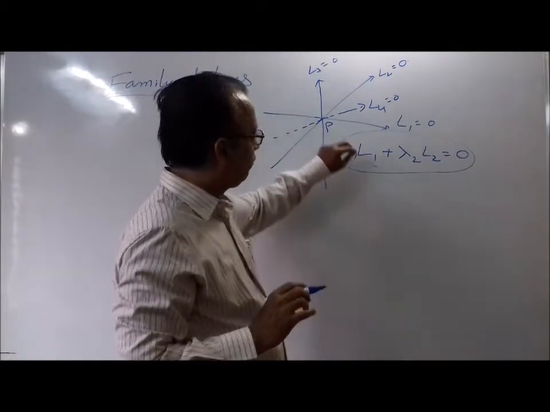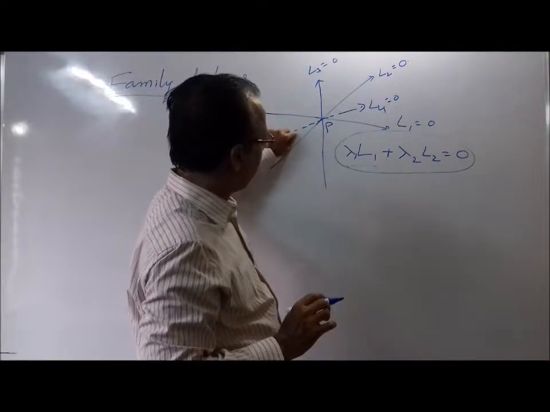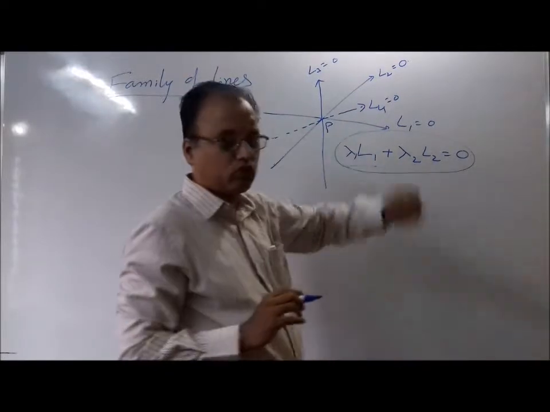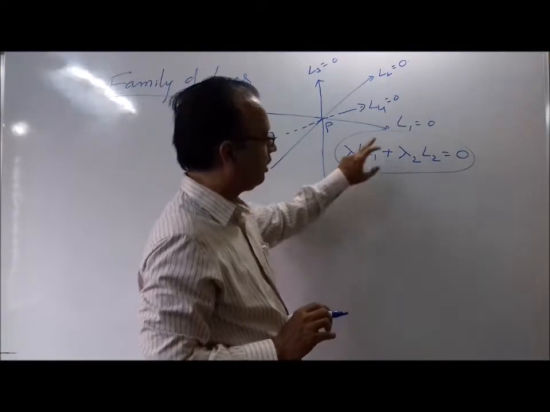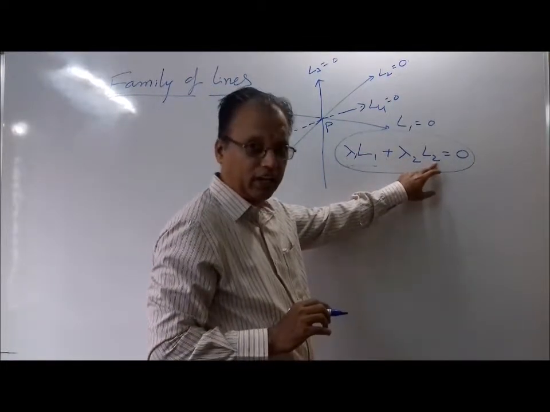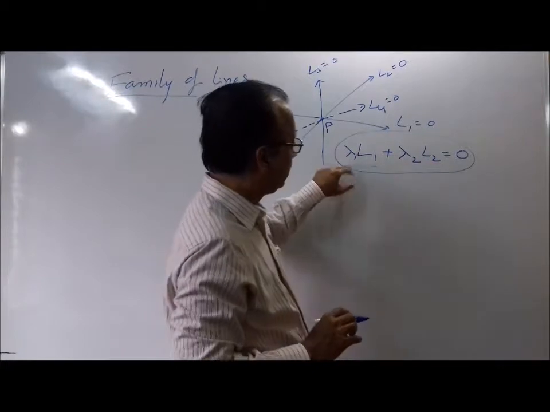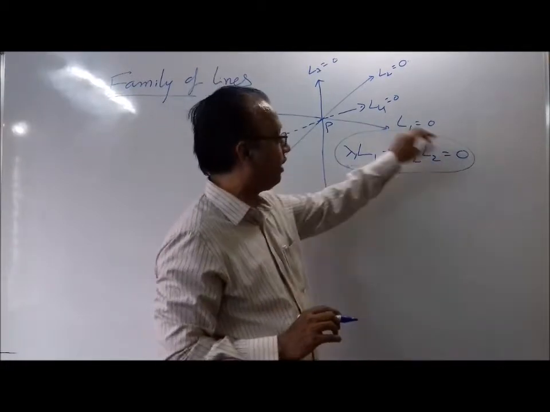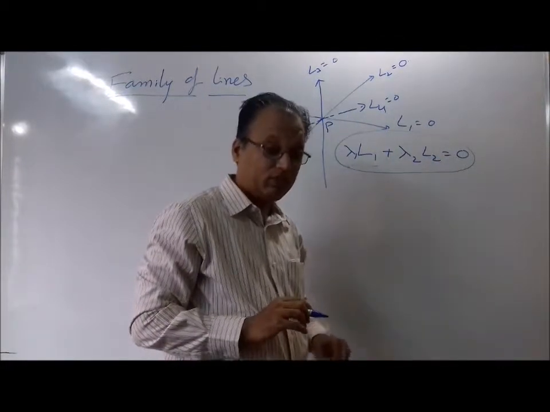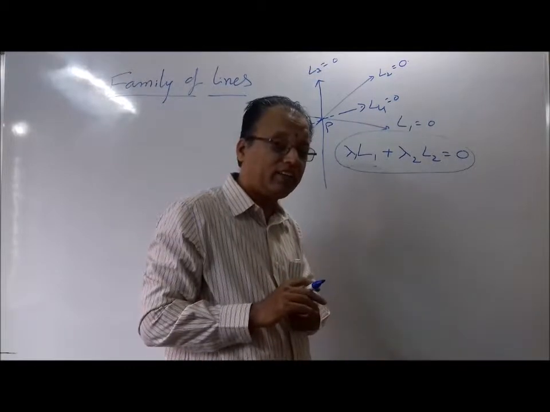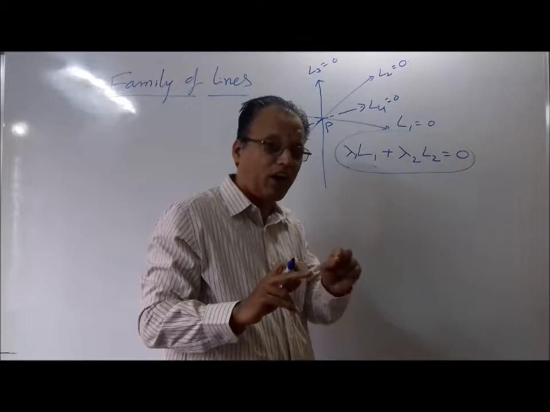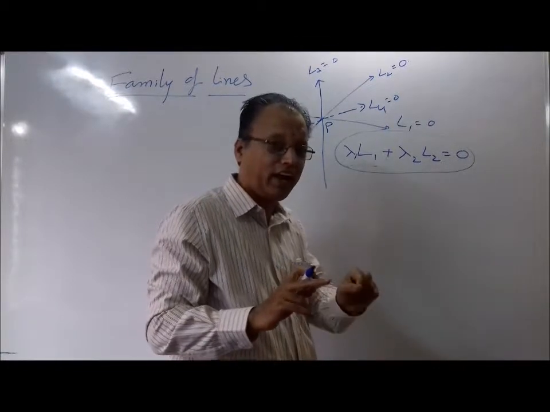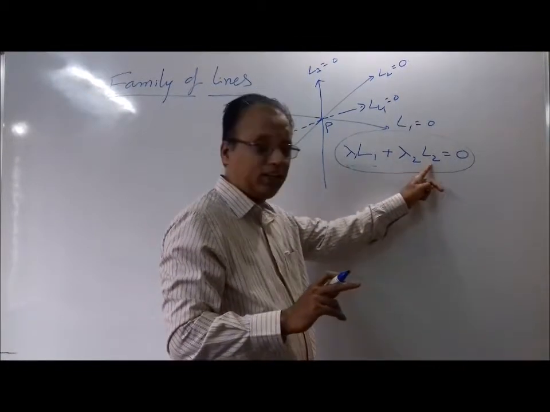Now any point on this line will not satisfy these two, because a point has to satisfy both L1 and L2. Which point will be satisfied? Only the common point will be satisfied for both L1 and L2.